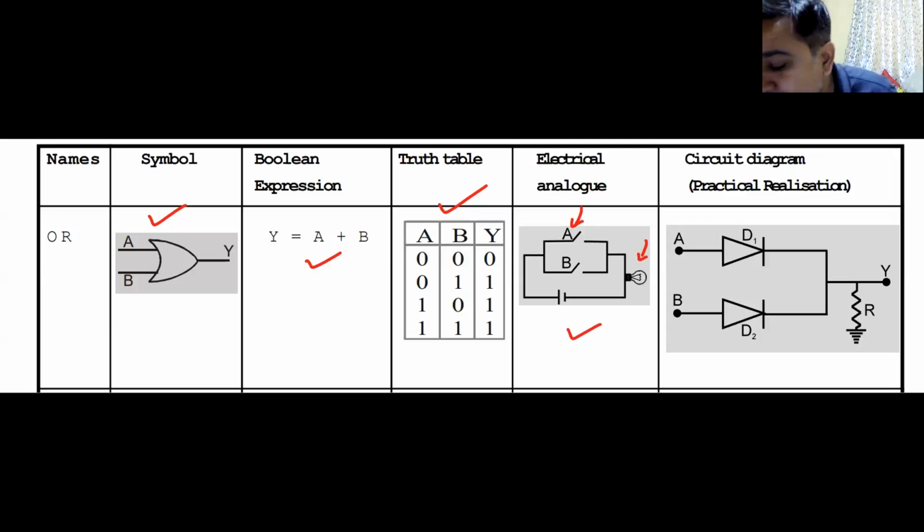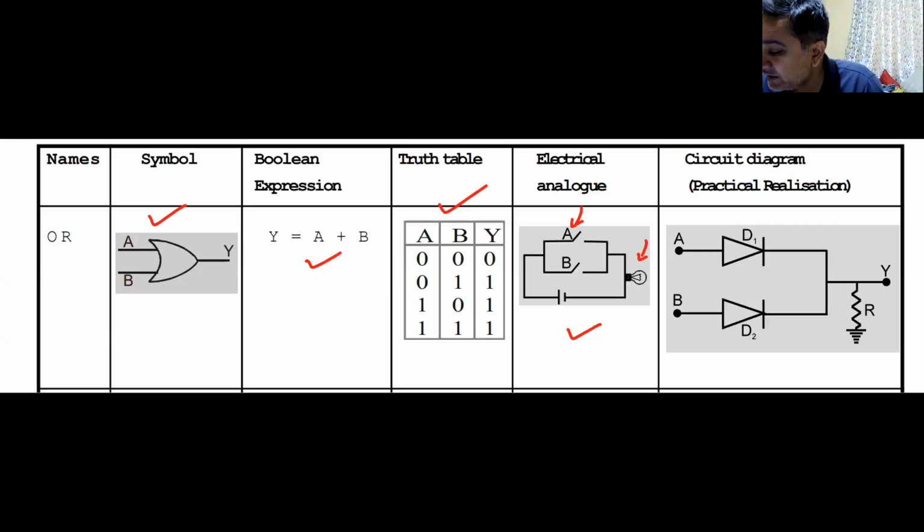If A is on, current will go through A. If B is on, current will go through B. If A and B both are on, current will go through both. The lamp will glow. But if both A and B are off, you will have a switched off lamp. So that is an OR gate in an electrical circuit. Do we understand this?